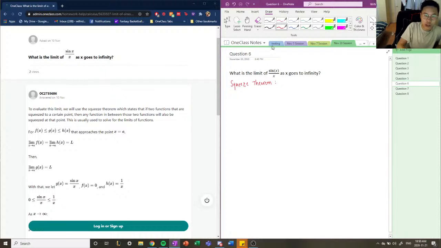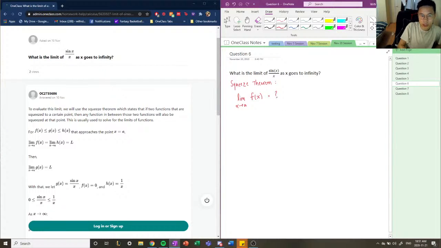Let's say that we're trying to find the limit as x approaches a value a of a function, okay? And we cannot find that limit using conventional methods of substitution, algebraic techniques, or using the conjugates. We can't find it conventionally.